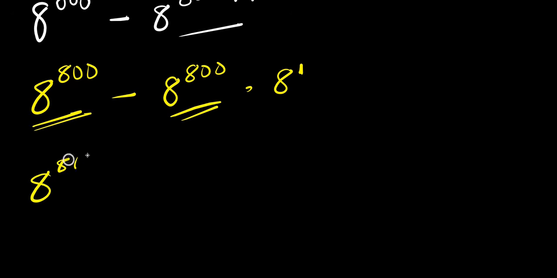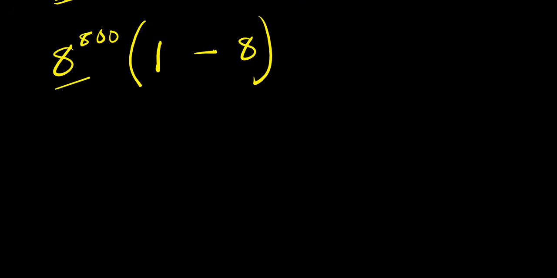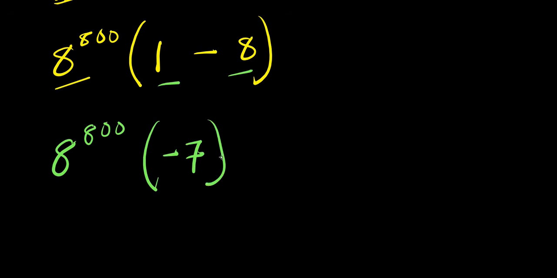That's 8 power 800 times this divided by this. 8 power 800 divided by 8 power 800, that is 1, minus the whole of this divided by 8 power 800. That will give us 8. Remember, 8 power 1 is the same thing as 8. From here, I have 8 power 800 times 1 minus 8, that is negative 7.